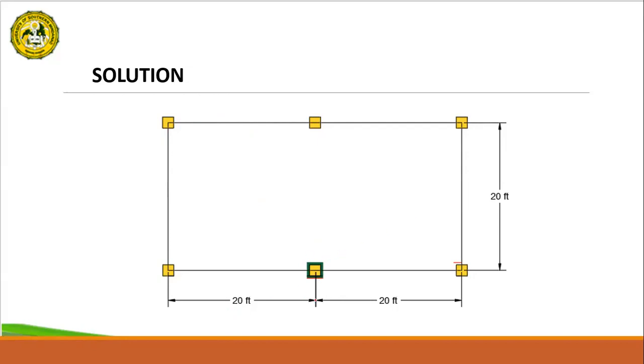And so we have this column here in the interior side, no? Kasi may slabs din tayo dito, no? Hindi ko na lang pinakita yung slabs dito. But hanggang dito ay merong slabs, no? Then the spacing on centers between the columns is 20 feet.